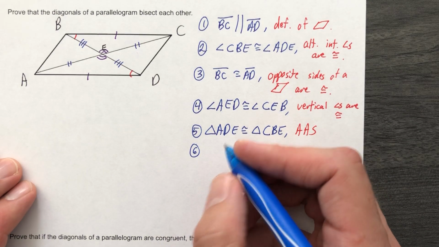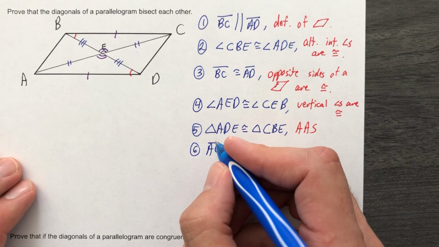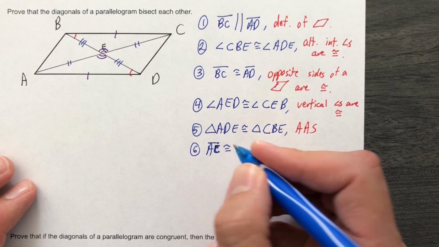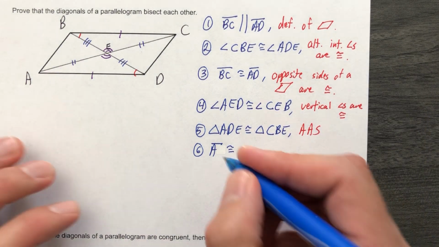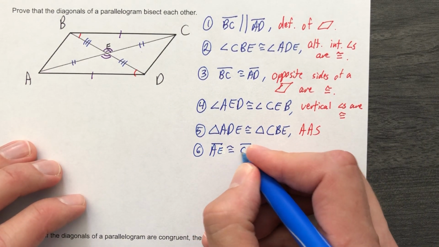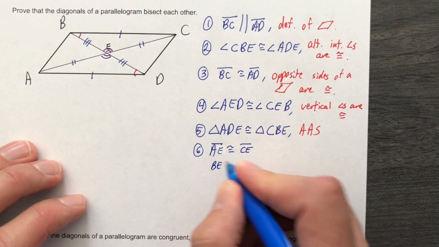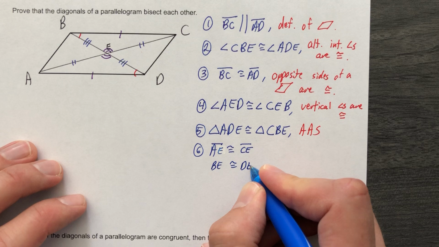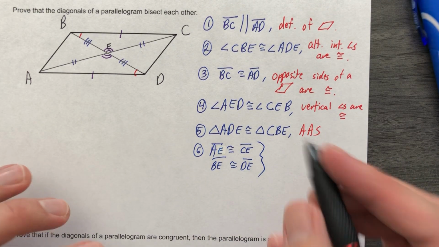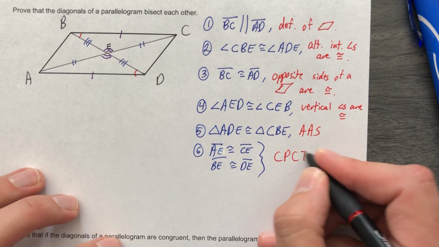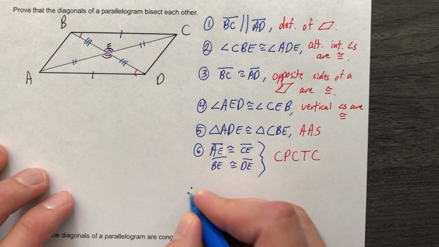Oh, okay, so let's do it. AE is congruent to CE, and also BE is congruent to DE, and I know all of that because corresponding parts of congruent triangles are congruent, and now we're done once we write our final statement.